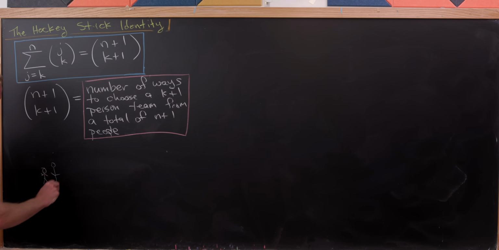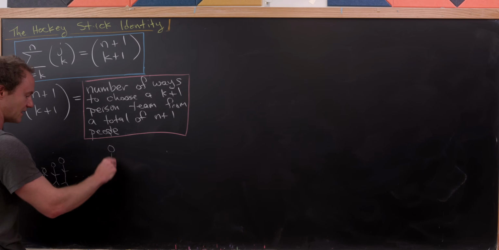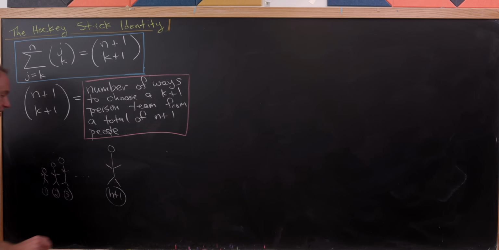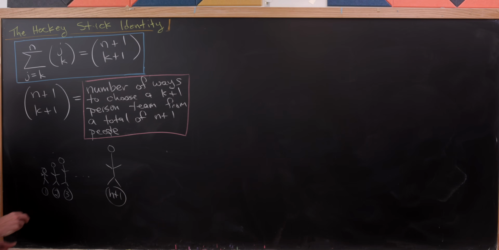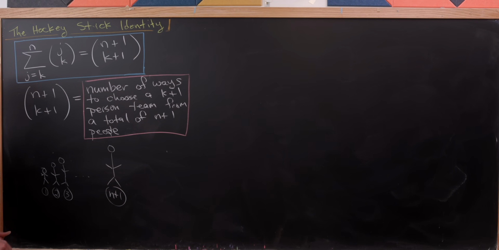So that means person 1 is the shortest, person 2 is next, person 3 is next, and so on and so forth. So that means that person n plus 1 is the largest or the tallest. And I know that the proportions here are kind of wacky, but we're just getting an idea of what's going on here.